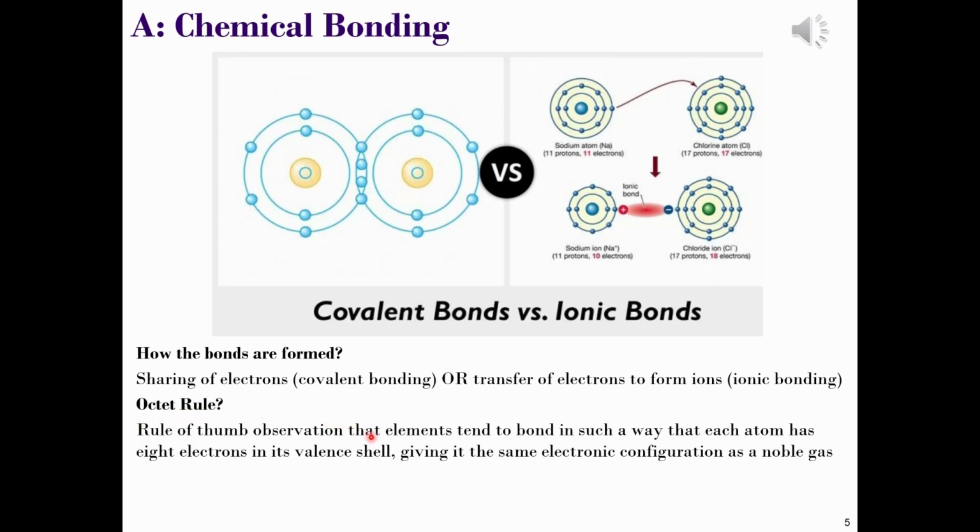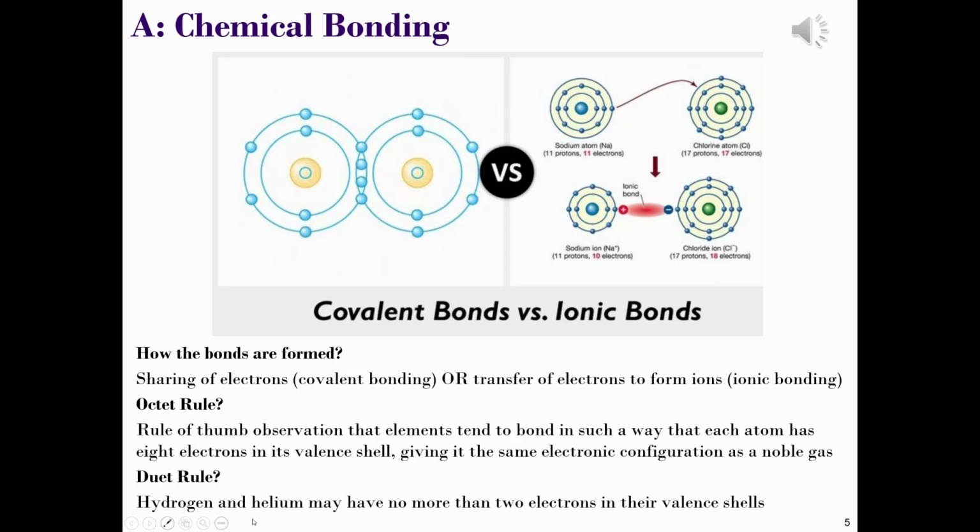The octet rule says that the elements tend to bond in such a way that each atom has 8 electrons in its valence shell, giving it the same electronic configuration as a noble gas. Now, hydrogen and helium are exceptions to the octet rule because they are in period 1, and those elements in period 1 can have no more than 2 electrons in their valence shell.